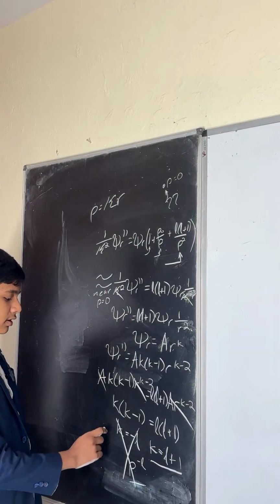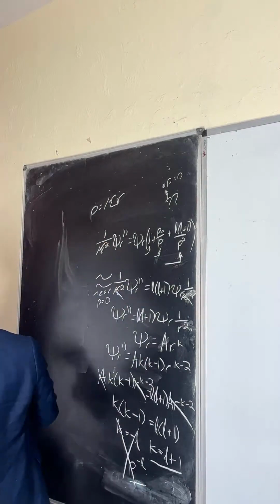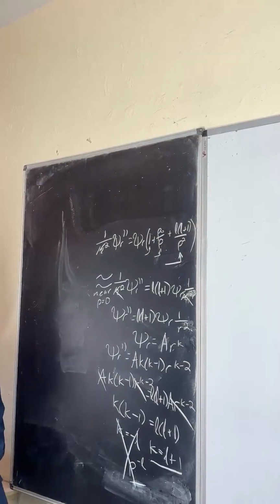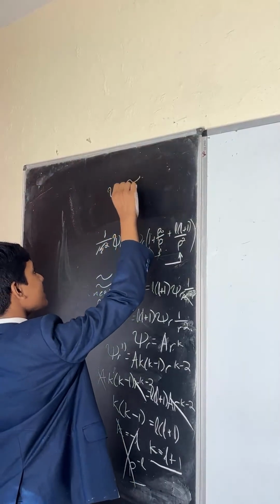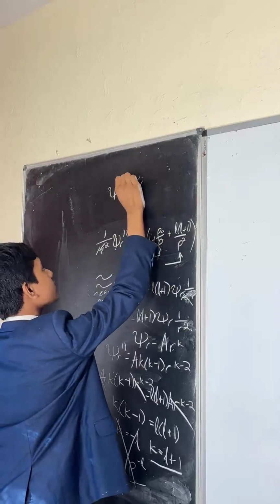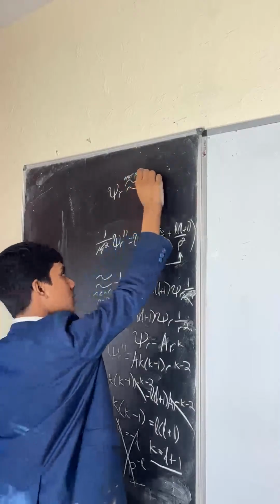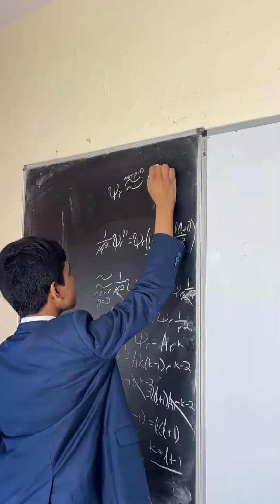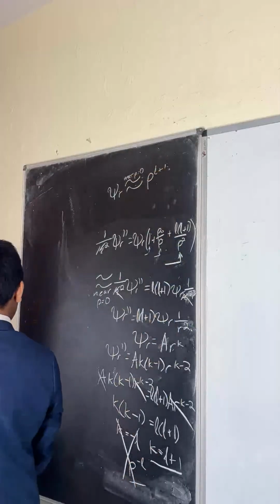So there we go. That means that around 0, psi r is approximately, near rho equals 0, rho to the L plus 1. That's the solution that we picked.